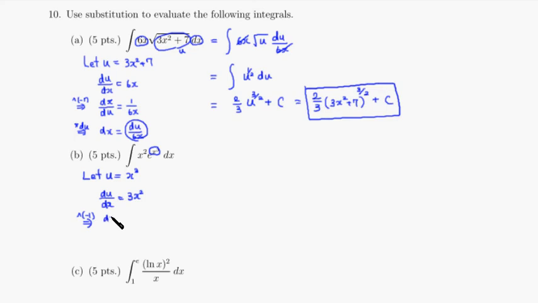So you have dx over du equal to 1 over 3x squared. Then multiply through by du. We get dx equal to du over 3x squared.